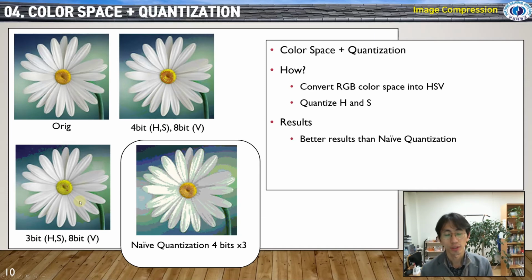So here you need to understand the basic idea. Divide the information into something more important and something less important. You can reduce the amount of information for the less important part, and preserve all the information in the more important part.